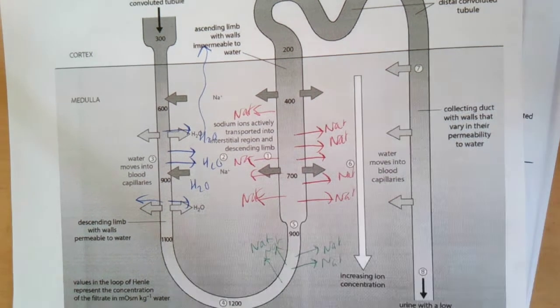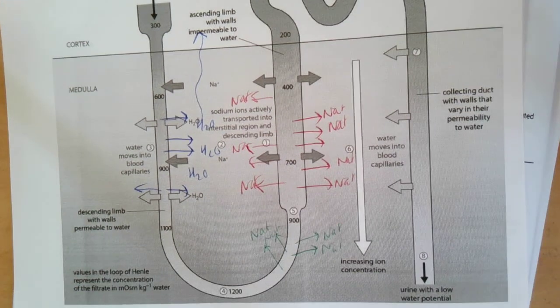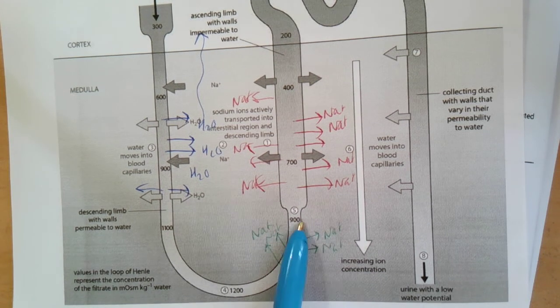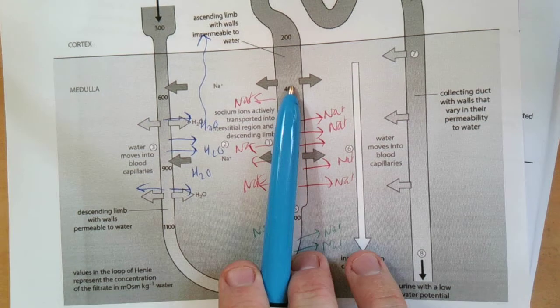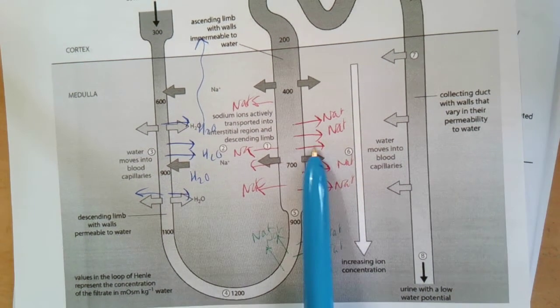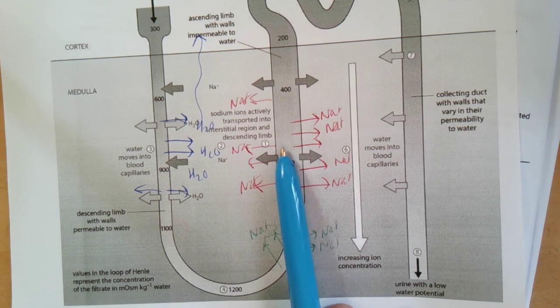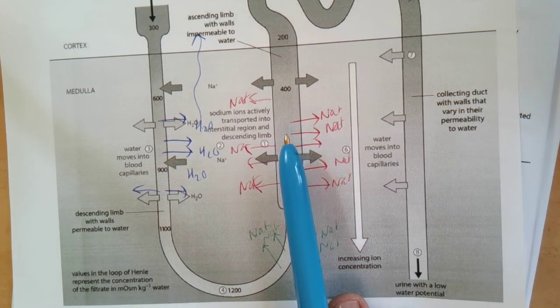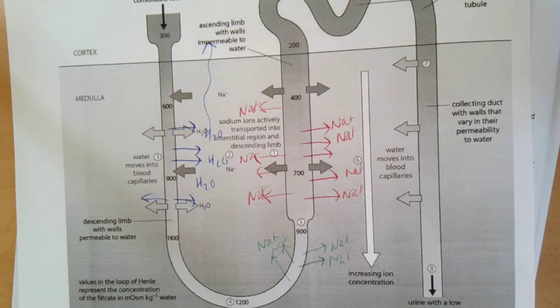And when the sodium ions diffuse out into the interstitial space, what that will mean, if you look now at the numbers, relative now in the filtrate, there are now less ions in the filtrate up here, because the ions are either actively transported out up here or diffuse out down here. So relative to water molecules, now the filtrate actually is getting a higher water potential, just because now, relative, there are less ions.